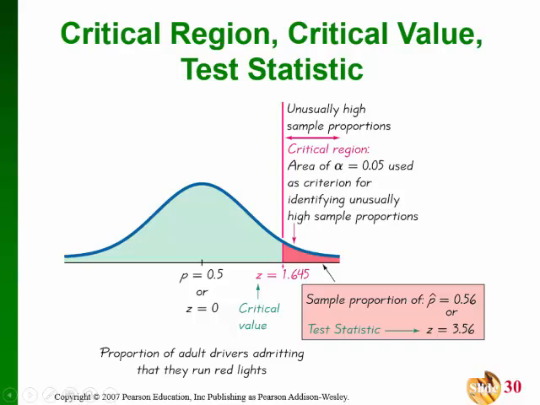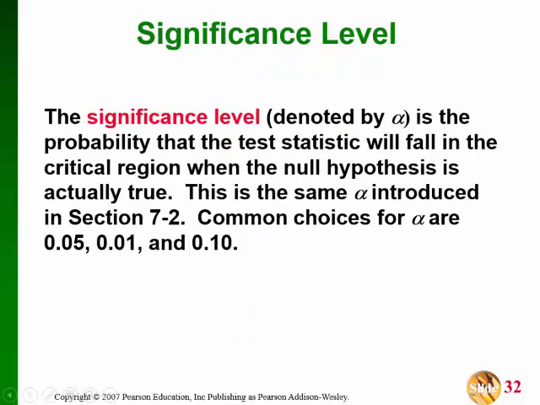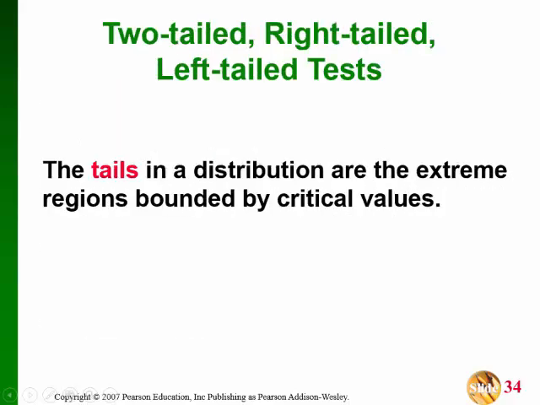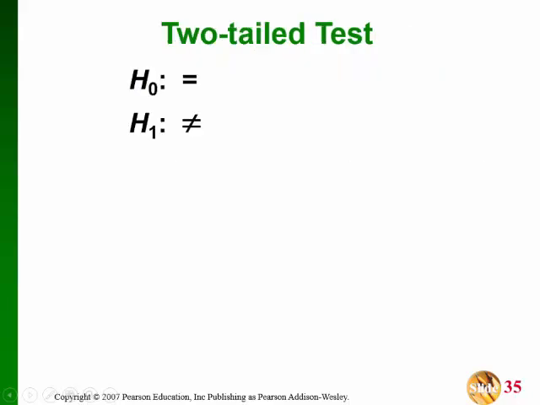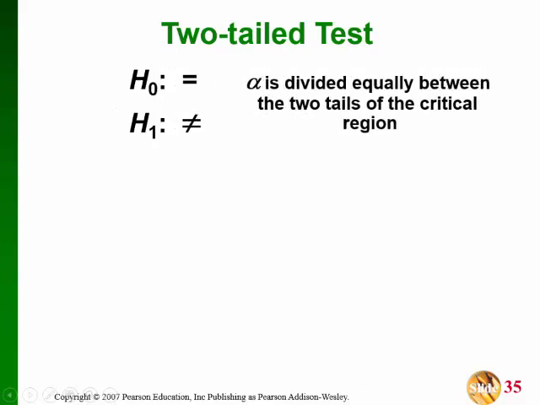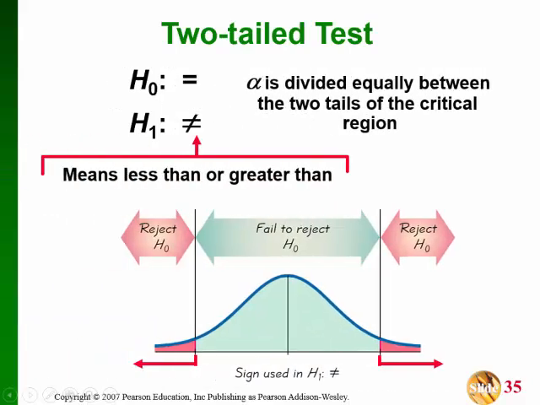Critical region, critical value, I talked about that, so I'll skip over this slide. Left tail, right tail, we talked about that, but we only gave an example of two tails, so I do want you to focus on these next couple of slides.